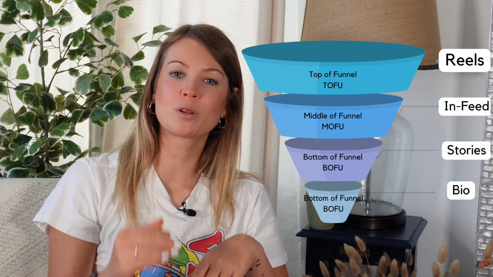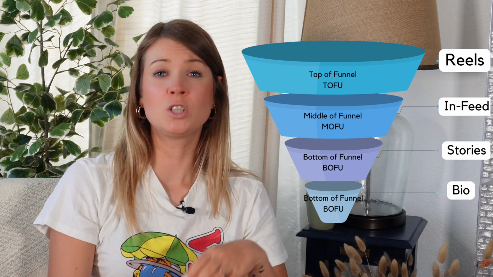And the last placement that Instagram has to offer is your bio. And your bio is the bottom of the bottom of the bottom of the funnel. The bio placement is the bottom of the funnel because it requires a user to go to your profile and head directly to your bio section. So either they're heading there with a certain intent because you told them to, but it's not like you scroll Instagram and you just come across your bio.